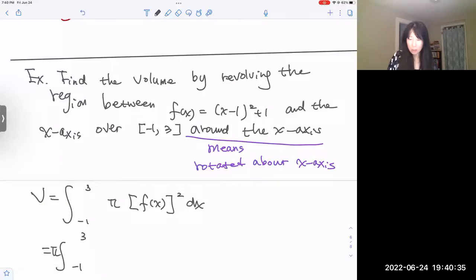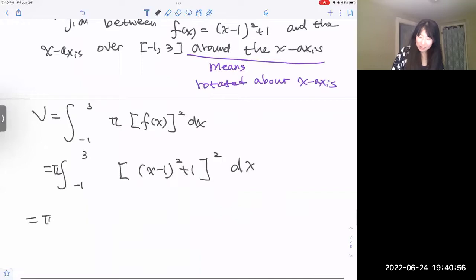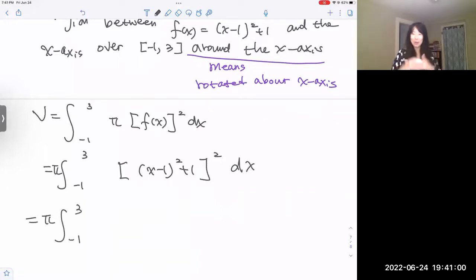Now f of x, which is x minus 1 quantity squared plus 1, to the squared, right? dx. All right, then from -1 to 3, lower bound, upper bound.